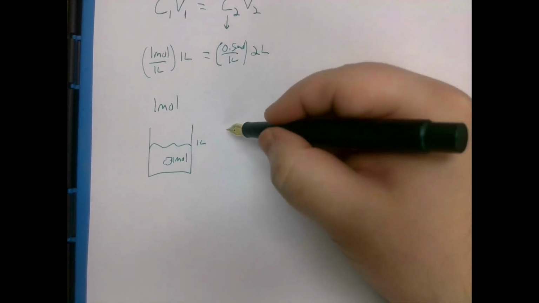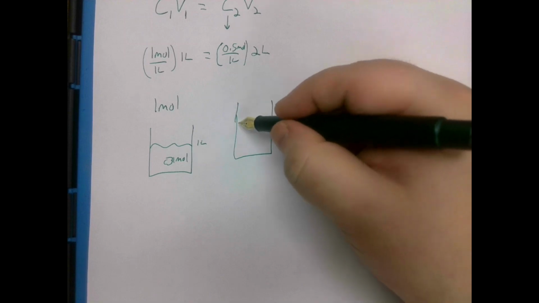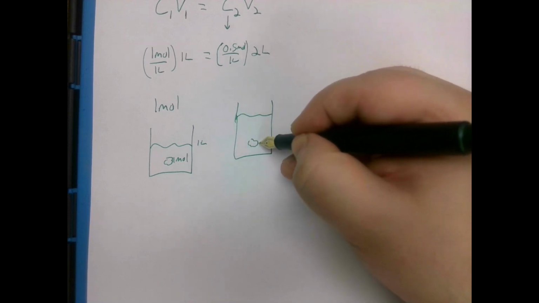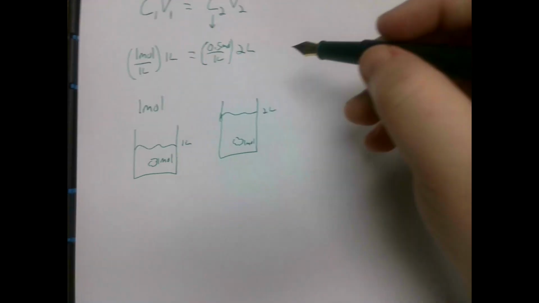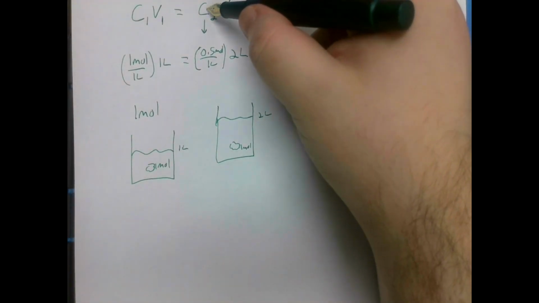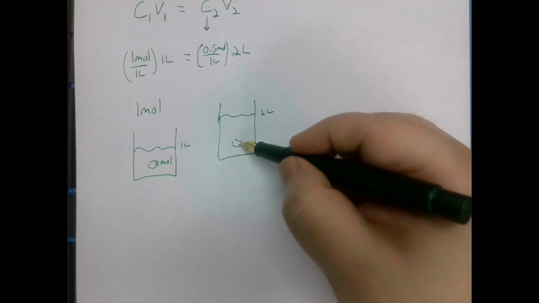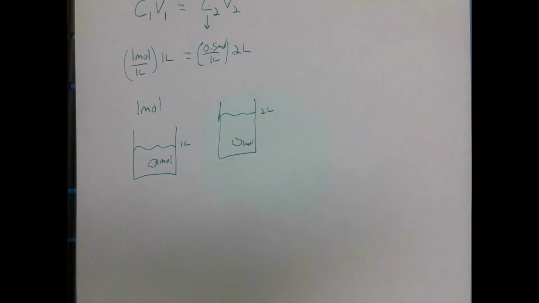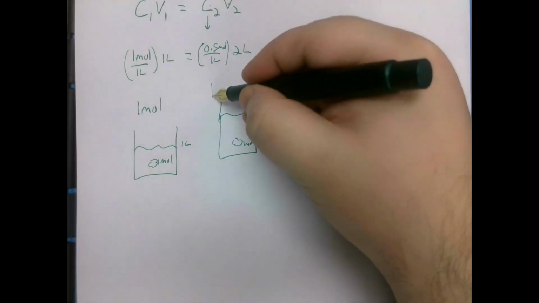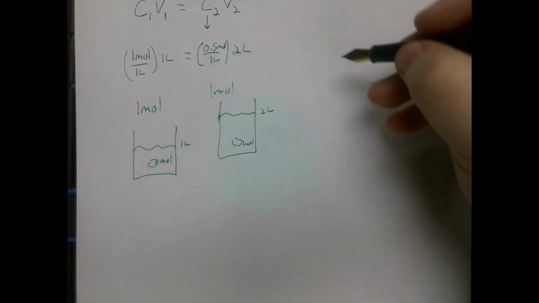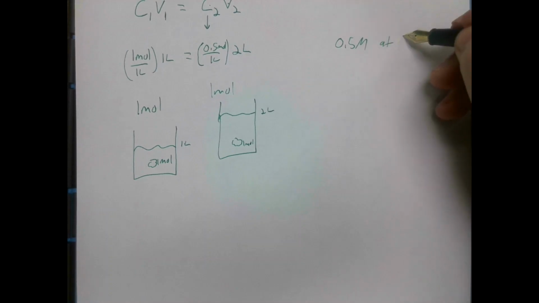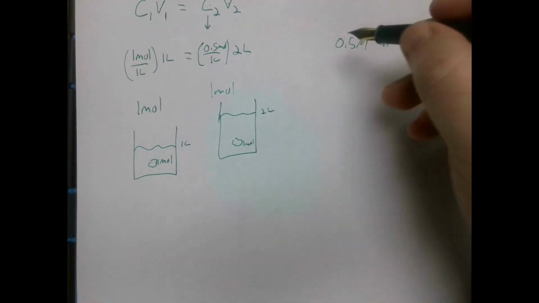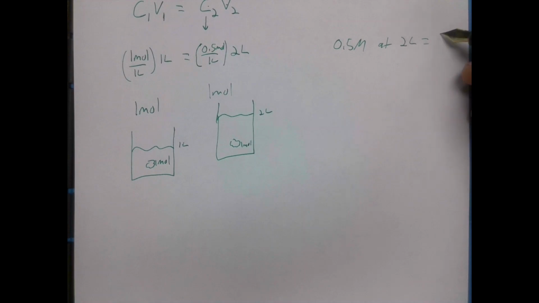So that would mean that I now have 2 liters, but still 1 mole inside of it. So when you take concentration times volume, it basically tells you how much stuff you started with. It's still 1 mole. The molarity is 0.5 molar at 2 liters. The same gives you 1 mole of substance inside of it.